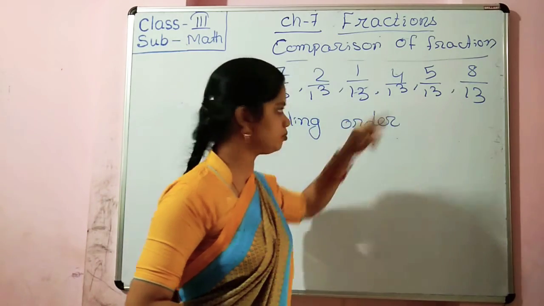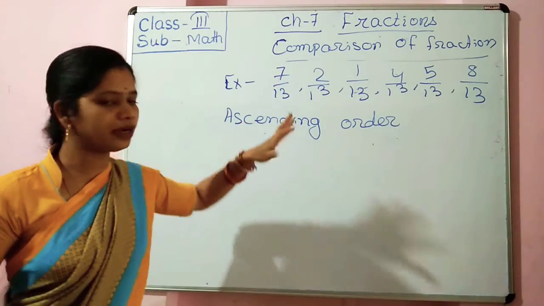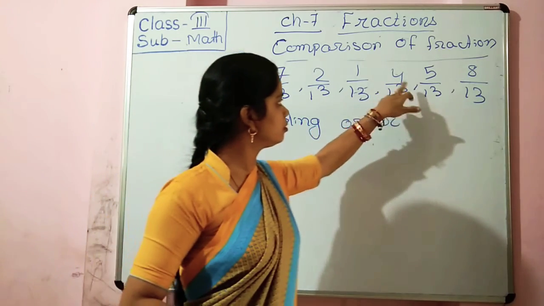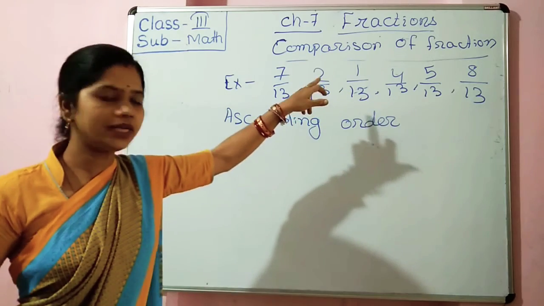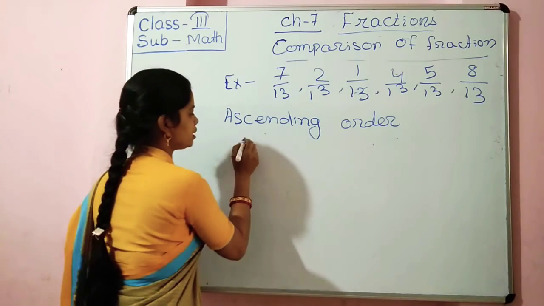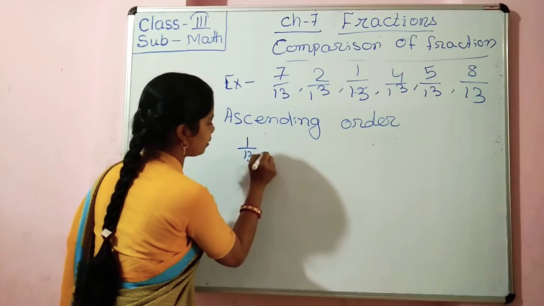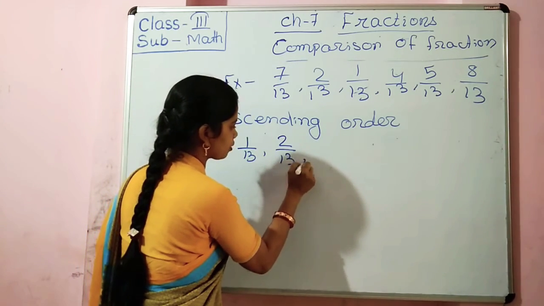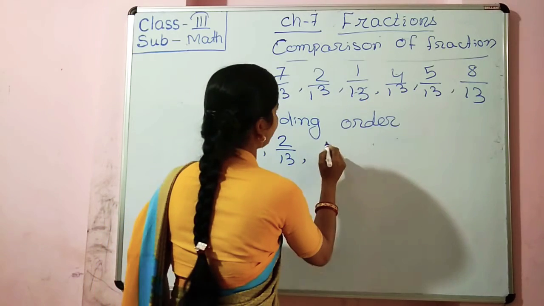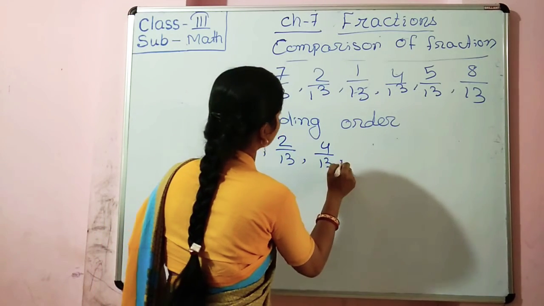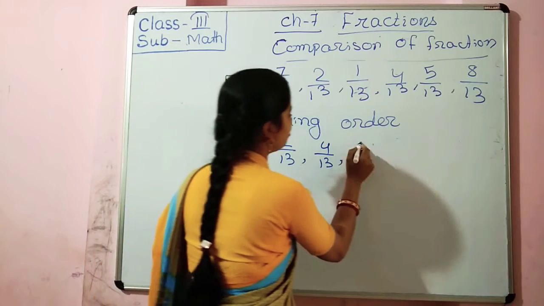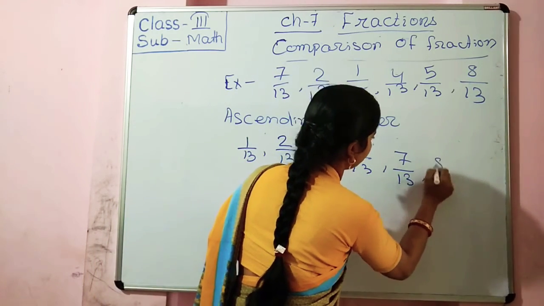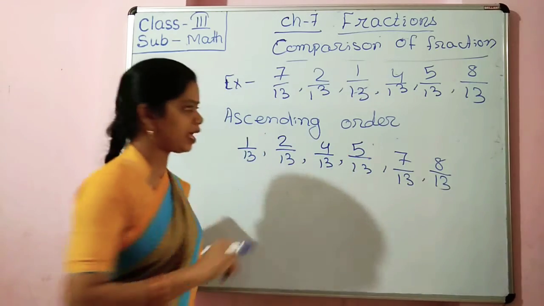Okay. Ascending: first, which number comes first? When the denominators are the same, the less numerator is the less number. First comes 1 by 13, then 2 by 13, next 4 by 13, what comes next? 5 by 13, next 7 by 13 and 8 by 13. Okay, it is your ascending order.